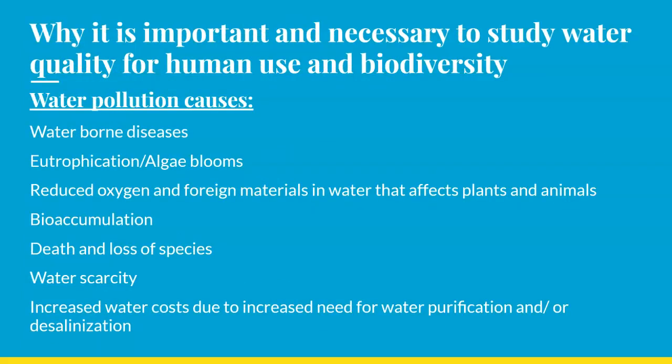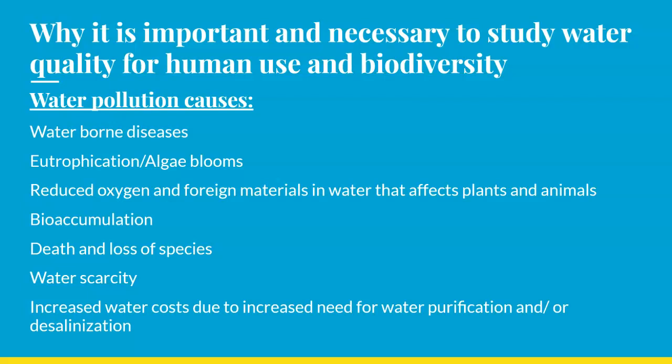It's important and necessary to study water quality for human use and biodiversity because water pollution causes waterborne diseases. Pollution can introduce bacteria and diseases into the water. When the water is not healthy, or the temperature drops or gets too high, those bacteria can proliferate, contaminating the water and making it unhealthy for plants, animals, and humans.